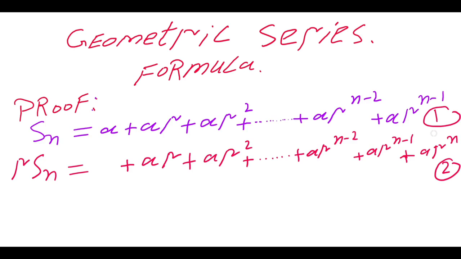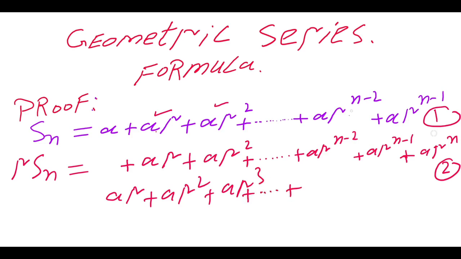If I don't shift one position to the right, we can still cancel out. If I multiply equation 1 by R, this becomes AR, this becomes AR square, this becomes AR cube, plus so on, plus this becomes AR power n minus 1.